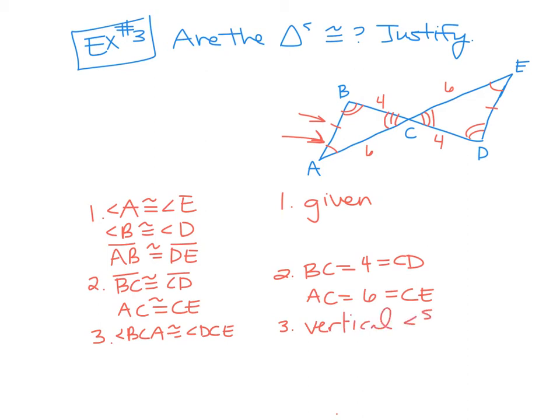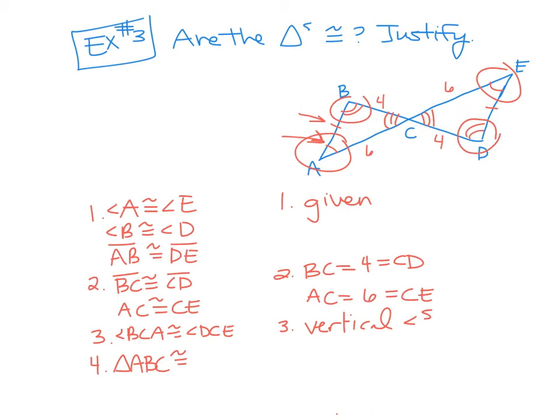Okay. So now we can say triangle ABC is congruent to triangle, and you have to match up the corresponding parts. So if it's ABC, what triangle is it congruent to? EDC. So we went from one arc and one arc, right, to two arcs, two arcs.